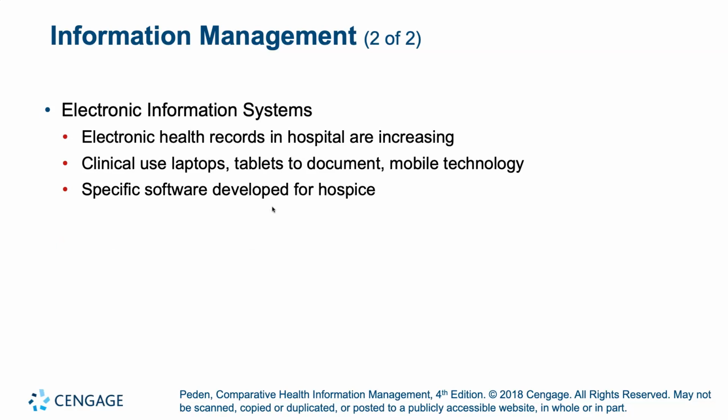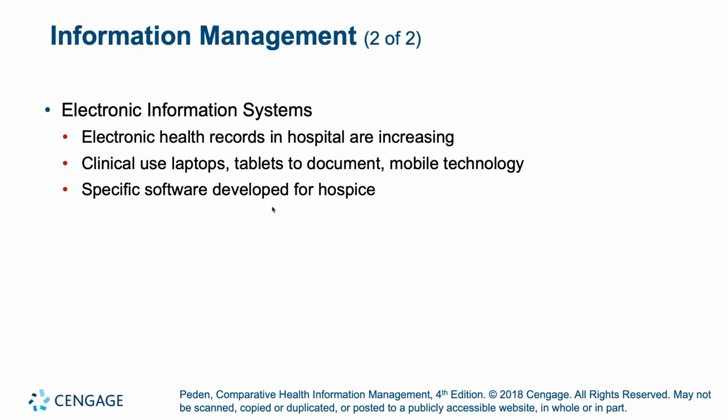Hospitals have EHRs. So if a patient receives hospice care in a healthcare organization, they're going to be a part of an EHR. And clinicians use laptops, tablets, mobile technology. There is specific software that's been developed for hospice, and more hospice organizations are utilizing that because, again, think about hospice.